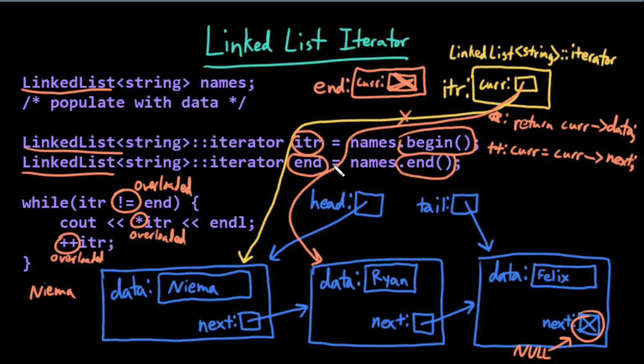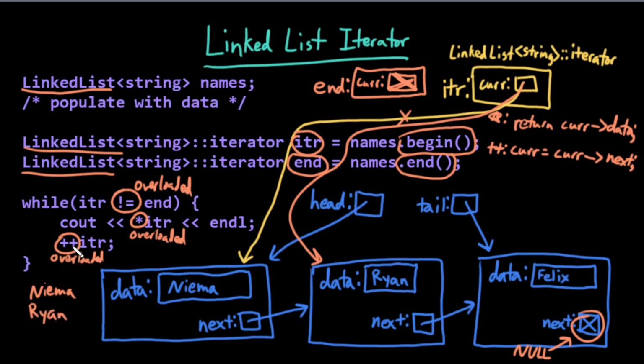I go through the loop. Now this pointer is pointing to this node. End is pointing to null. So this is true. They are not equal. Dereference. Again, I overloaded my dereference operator to return cur arrow data, and I print it. So this prints Ryan.